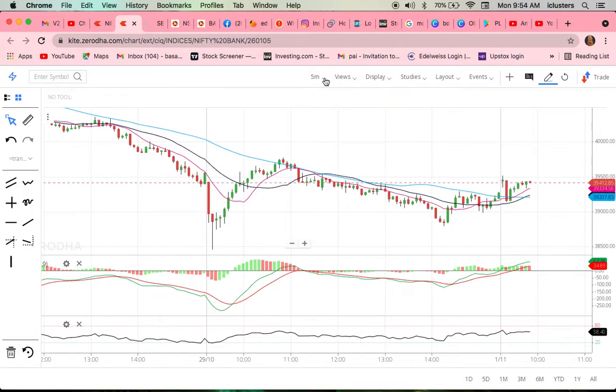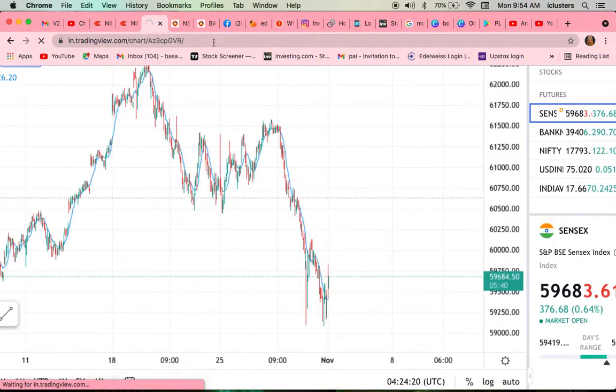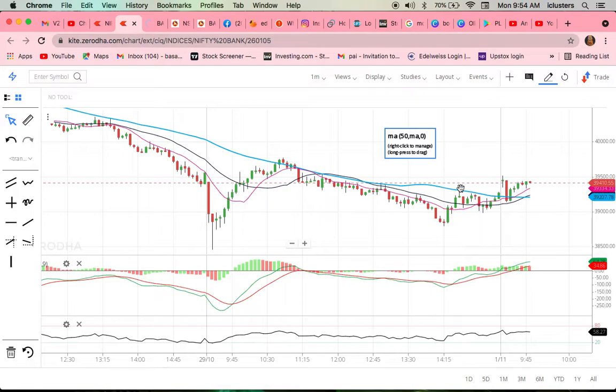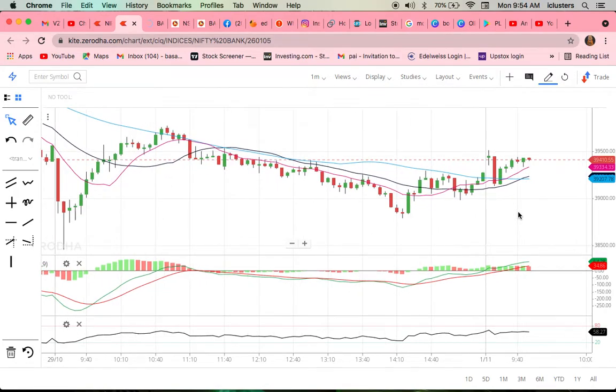I will analyze by 1 minute candle here. What is the move in Bank Nifty? 39,410, in the 1 minute candle time frame.